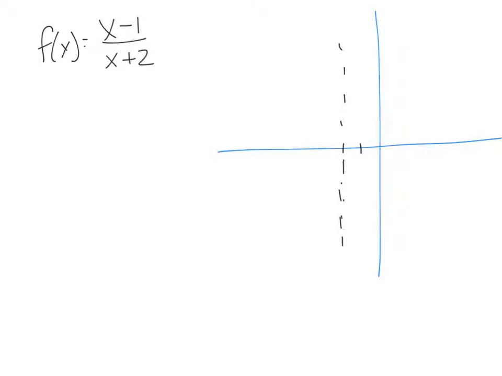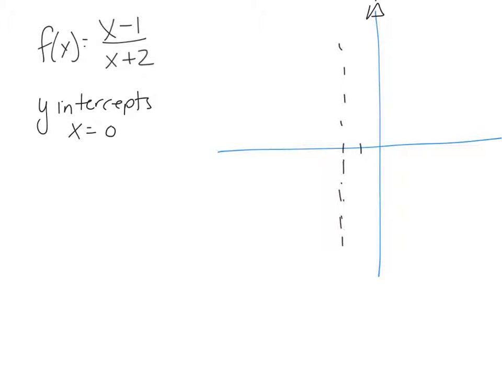Now let's find where it crosses the x-axis and where it crosses the y-axis. Y-intercepts: how do you find where it crosses the y-axis? Plug x equal to 0 into your original function. If x equals 0 causes it to be undefined, then it doesn't cross.